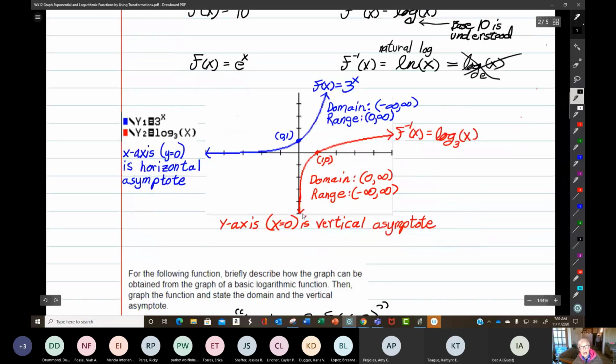Now here's what they look like. Here's the graph of y equals 3 to the x power. The horizontal asymptote is the x-axis, and this rises slowly until it crosses the y-axis at 0, 1. And then it starts rising really, really quickly.